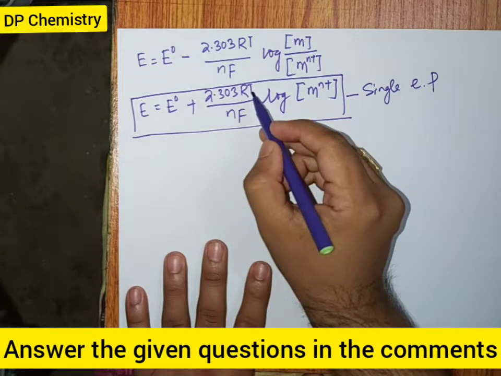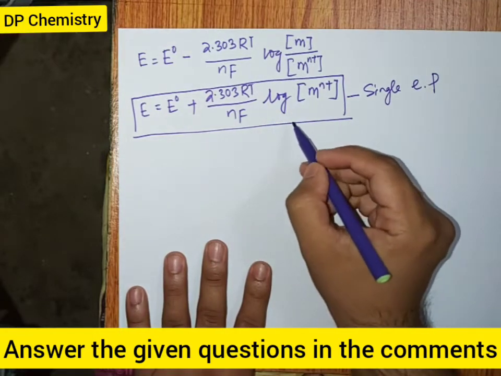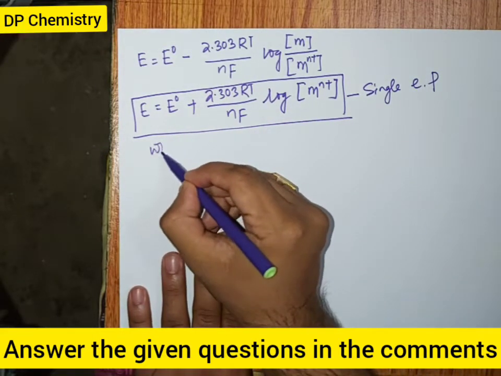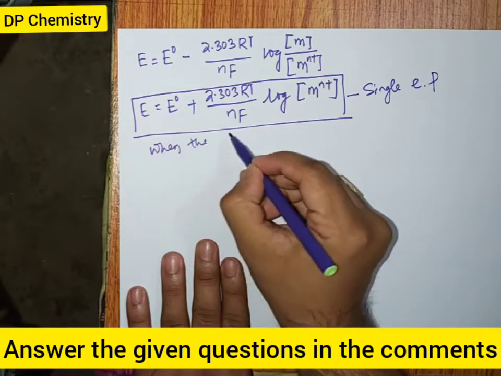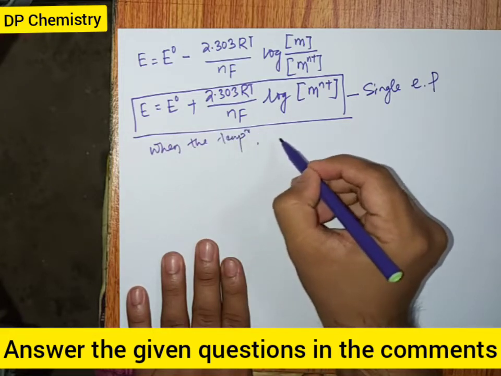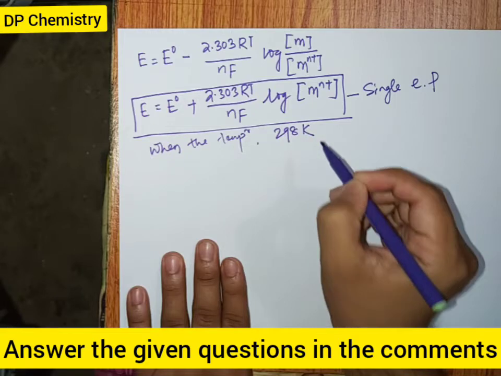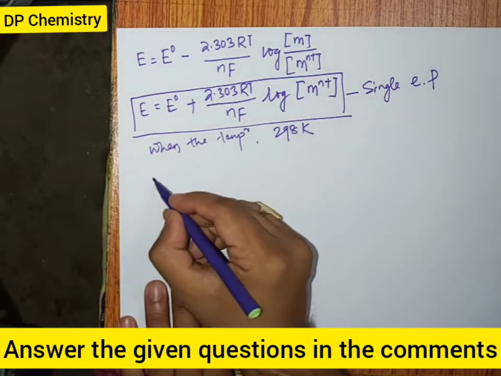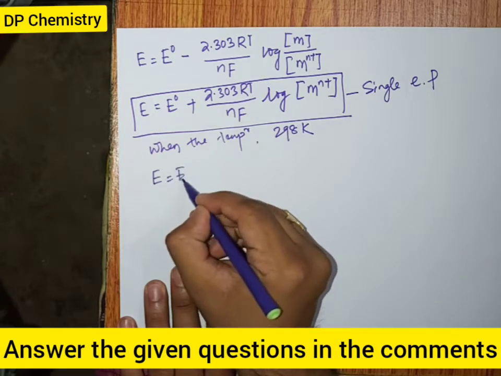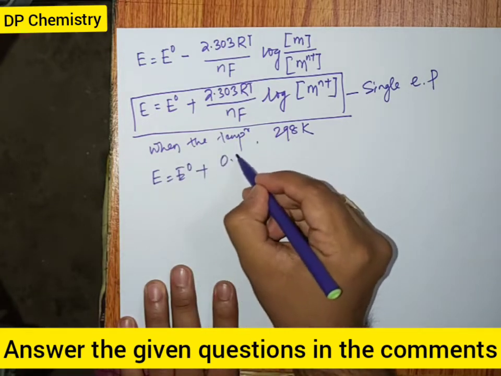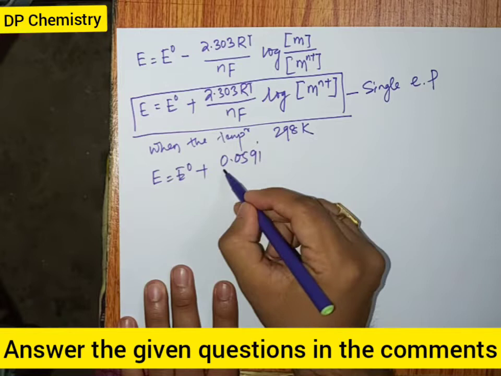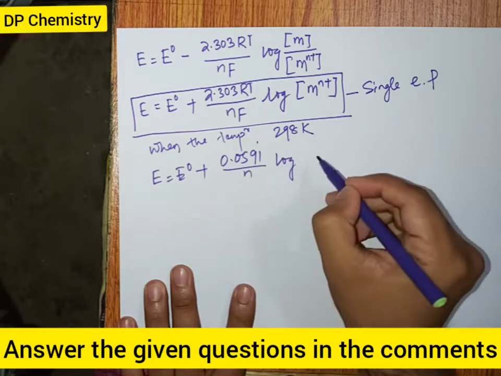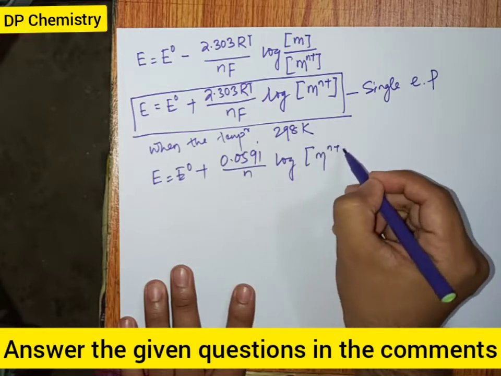When the temperature is given to be 298 Kelvin, the form of this equation reduces to E is equal to E naught plus 0.0591 by n log concentration of Mn plus ion.